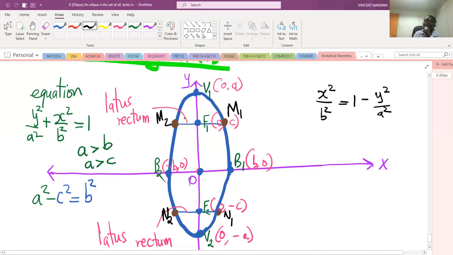Because here the y value is known to be c, x squared over b squared equals 1 minus c squared over a squared.